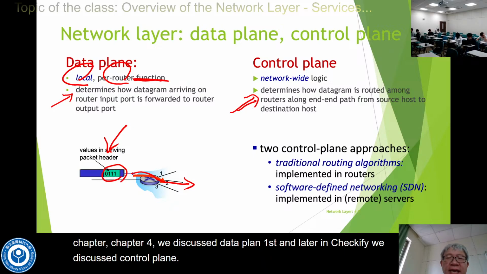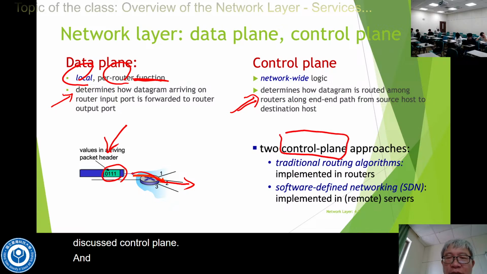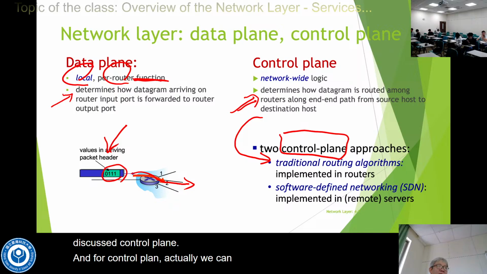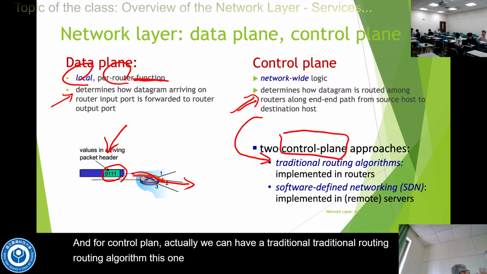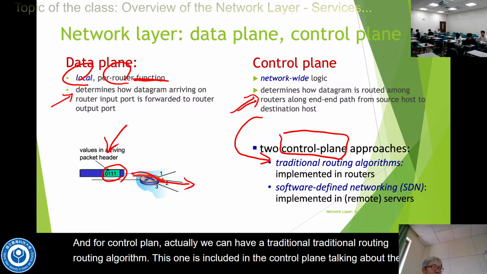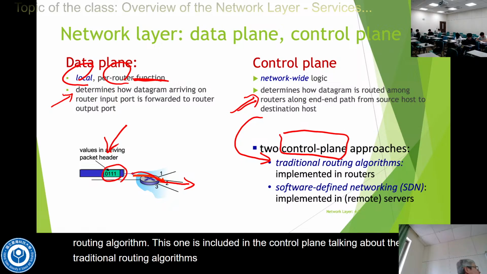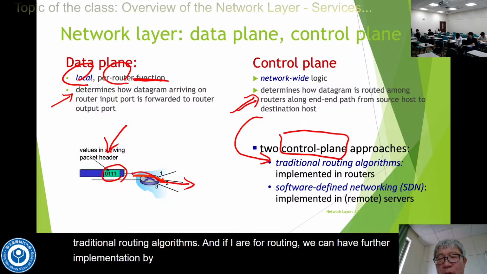For the control plane, actually we can have the traditional routing algorithm. This one is included in the control plane. And in fact, for routing, we can have the implementation by software-defined networking, that says SDN.